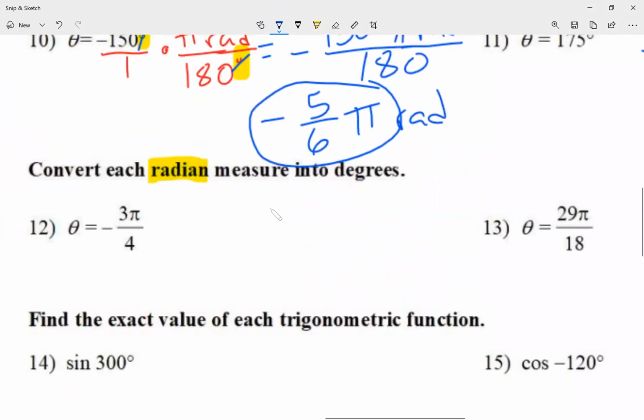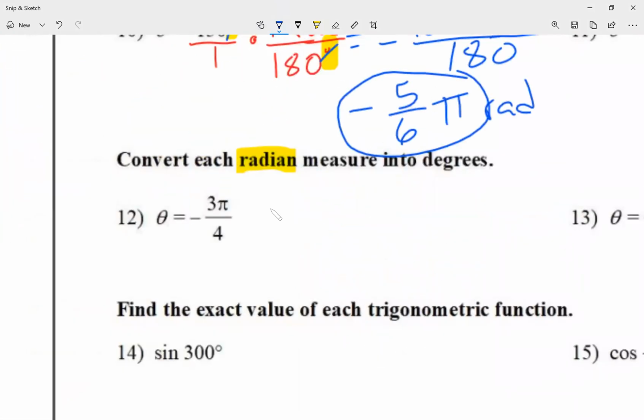Now let's do the other way around, from radians into degrees. Let me write this. I'm going to go negative 3 pi over 4.